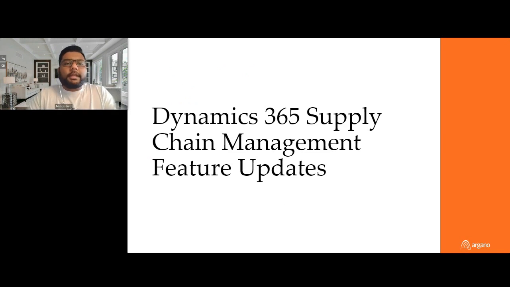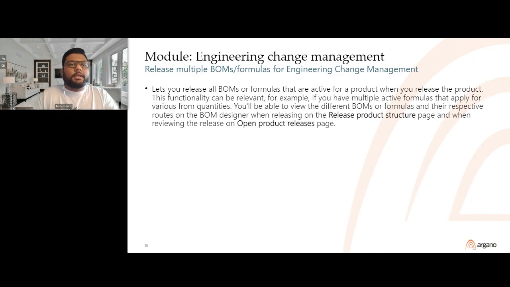Now we will look at the feature updates as part of this release. This one is in the engineering change management module, release multiple BOMs formulas for engineering change management. This feature enhancement lets you release all the bill of materials or formula that are active for the product when you release the product.